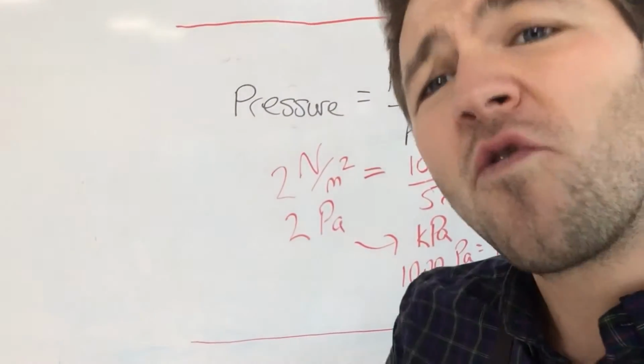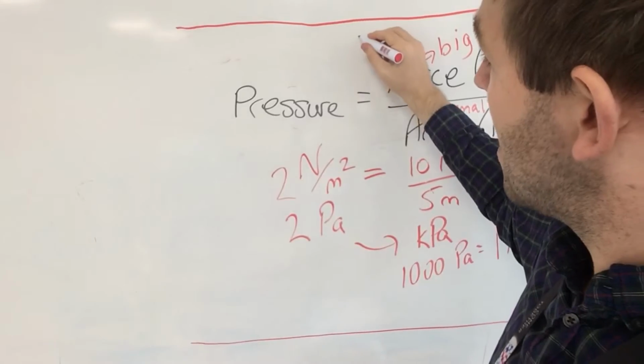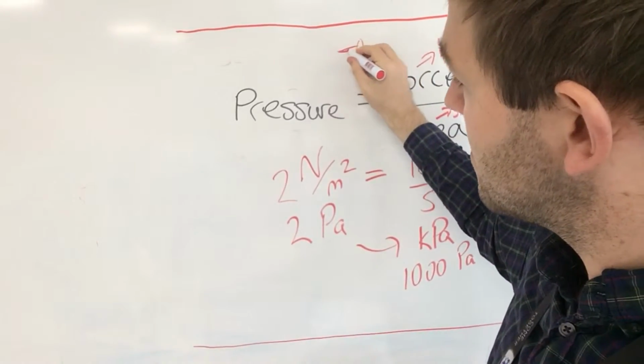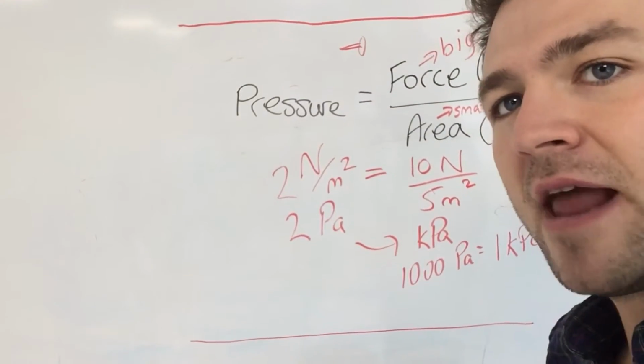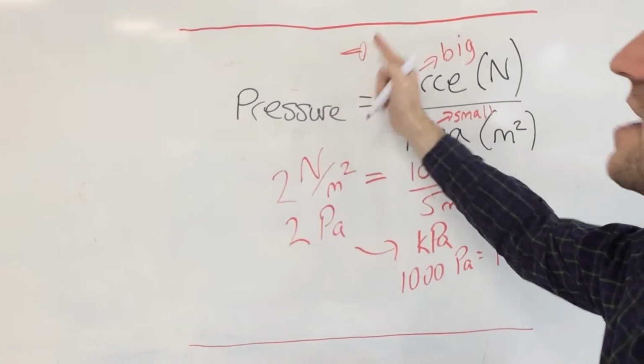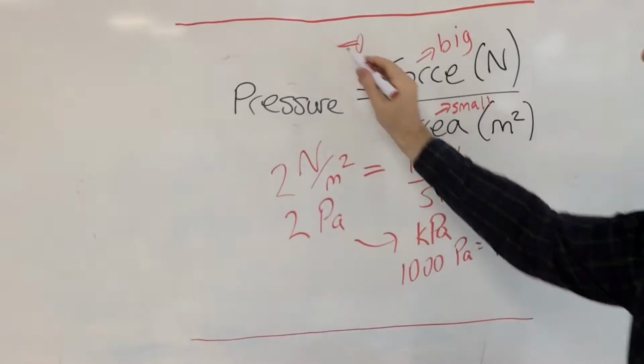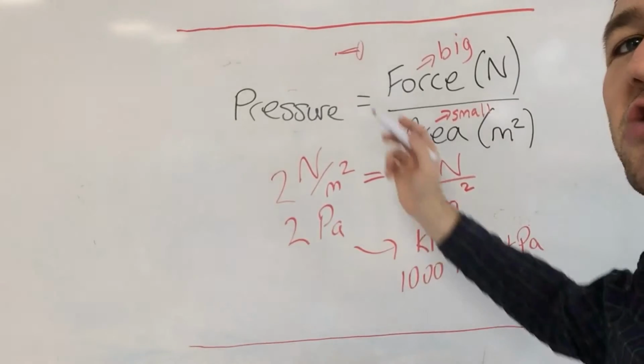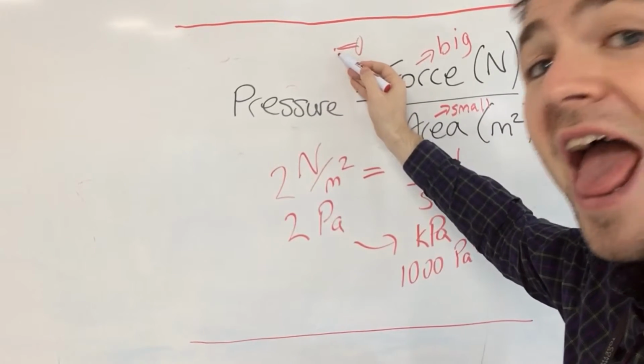So, for example, imagine I had a little pin like that, and I was going to push this pin into the wall. This bit here has a super small area.